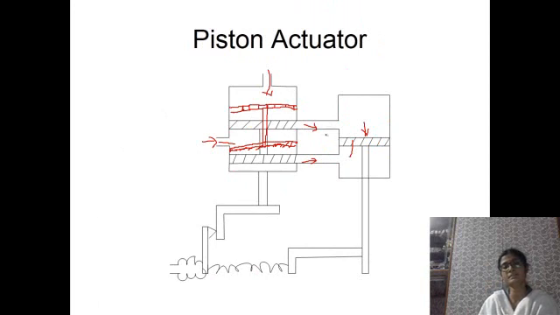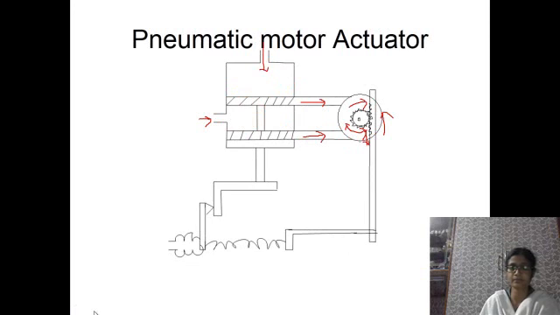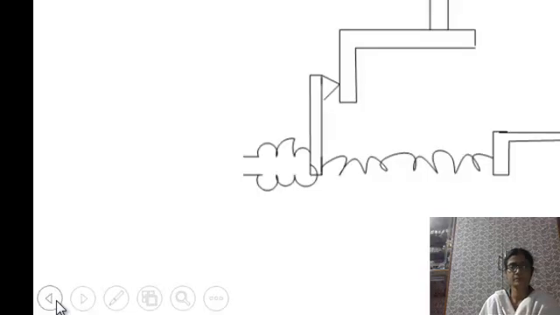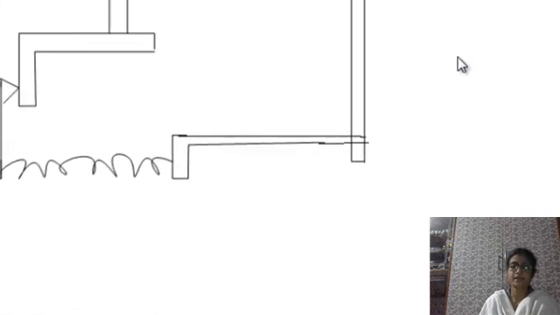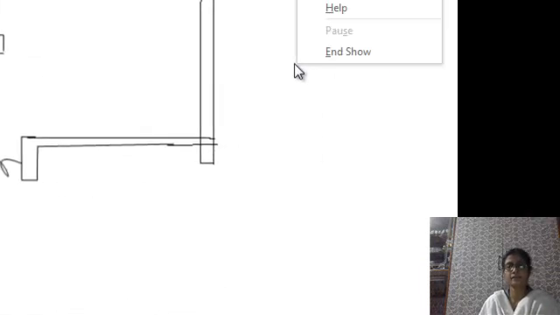The only difference is that this is oil operated, and the pneumatic one is air pressure, air signal operated. So that's all about the actuating systems, and in the next class we will discuss control valves. Thank you.